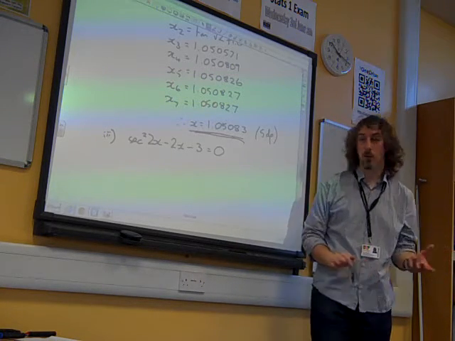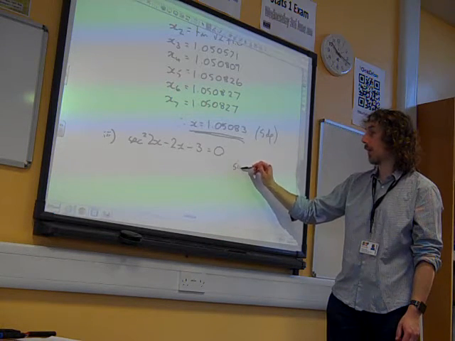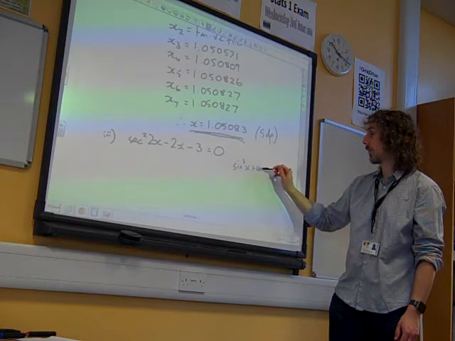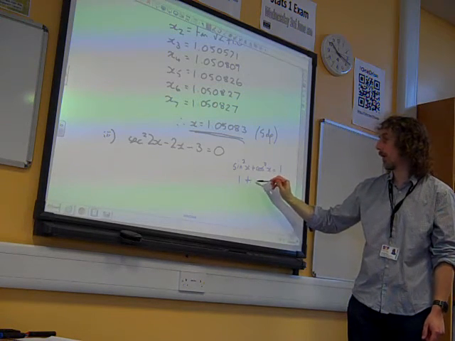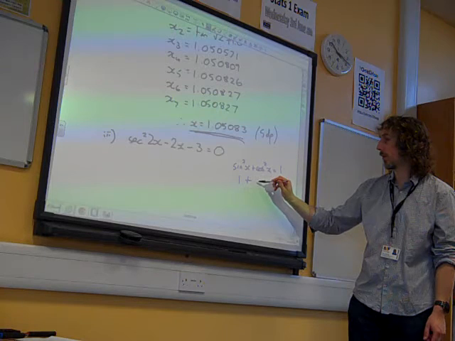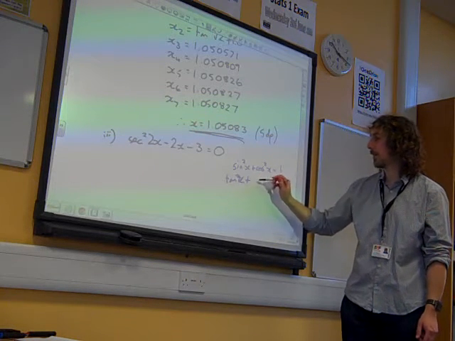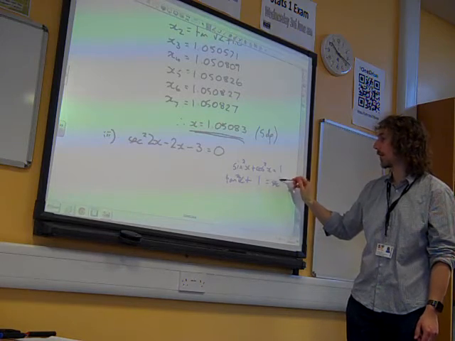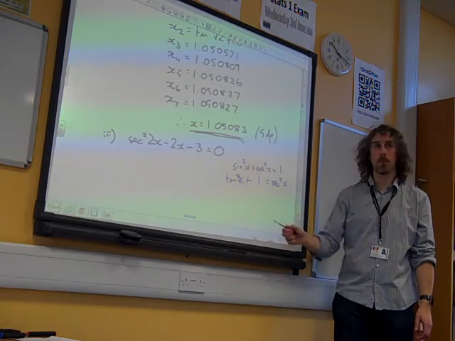So going back to our trig identities, if we divide through by cos squared, tan squared x plus 1 is sec squared x. So sec squared x is the same as 1 plus tan squared x.